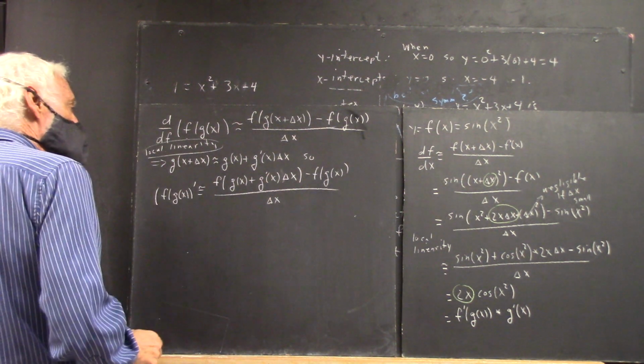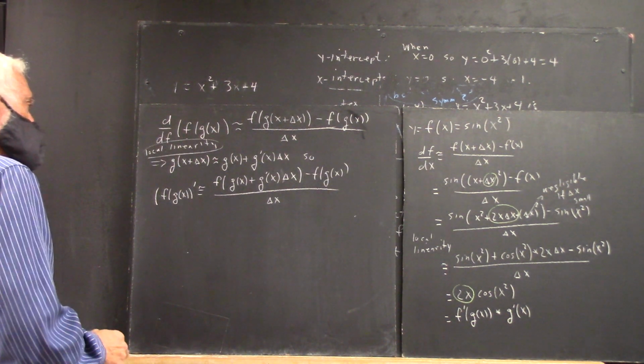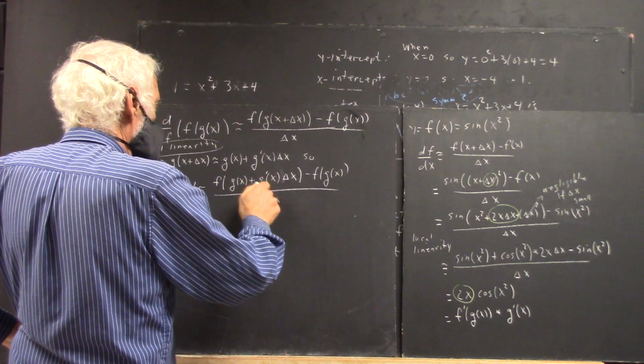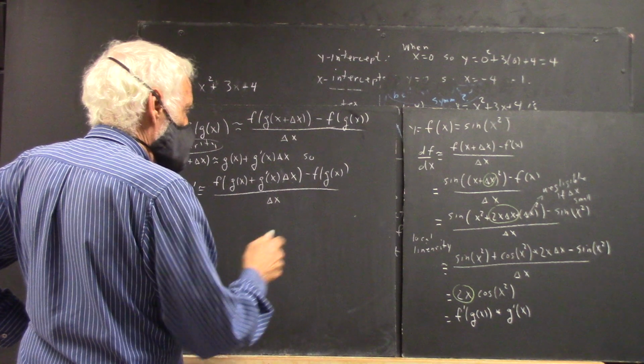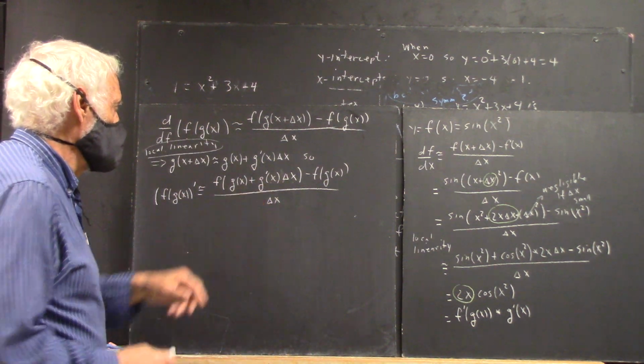Okay. Well, now what? Well, if delta x is small, then g prime of x times delta x is small. If delta x is small enough, we can make this as small as we like.